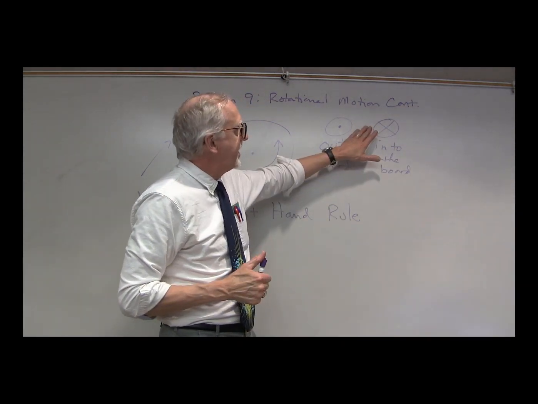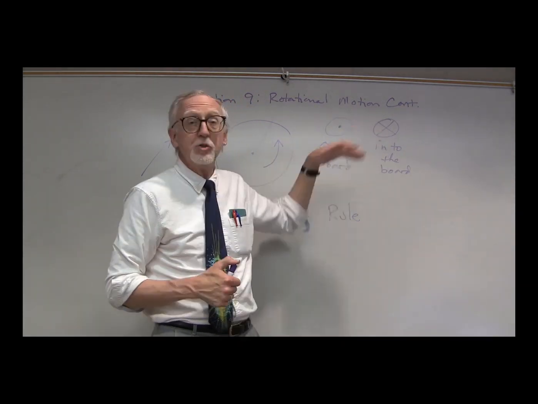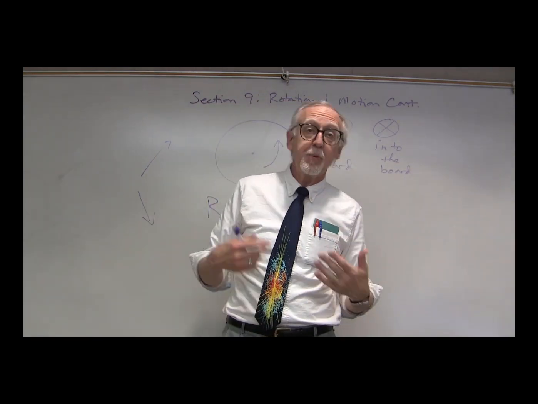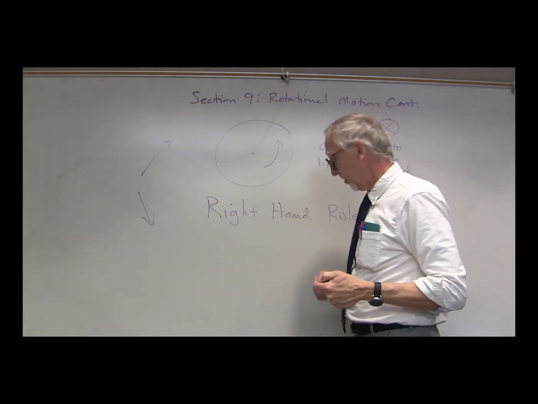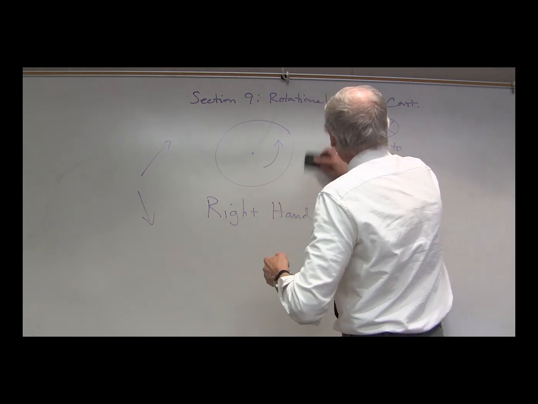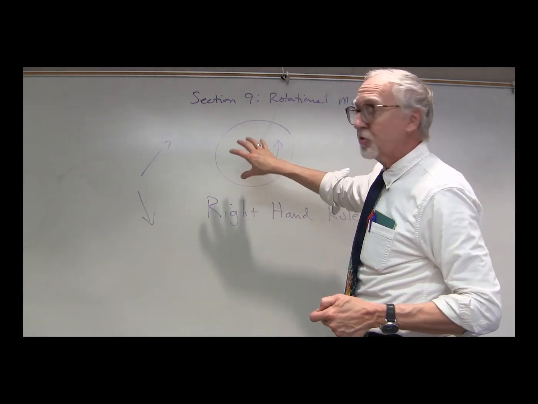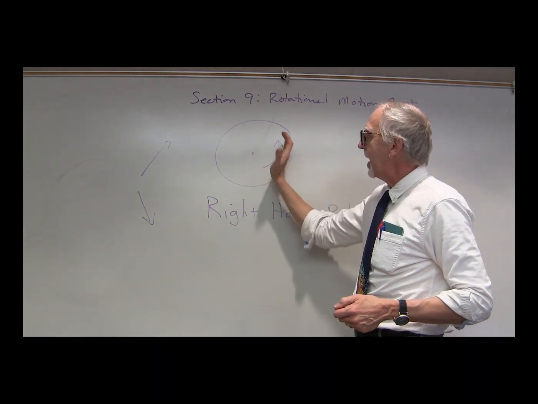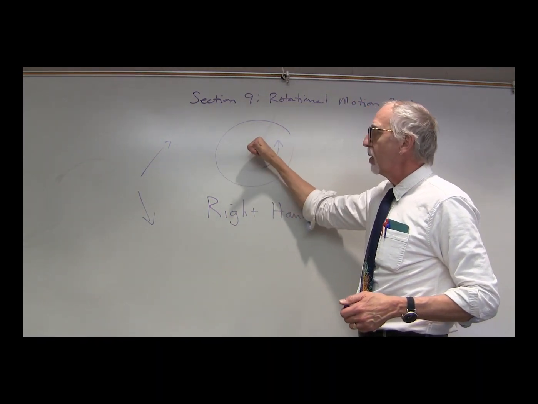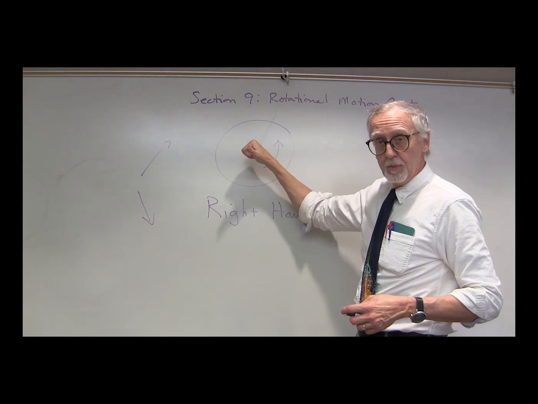So we're going to use these two symbols to indicate directions when we're talking about directions that are perpendicular to our surface. So what does this mean then? When we have an object that, when we're looking at it this way, is rotating in a counterclockwise direction, we will define that as out of the board.